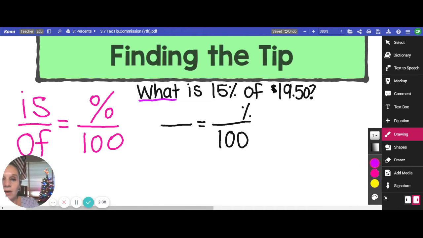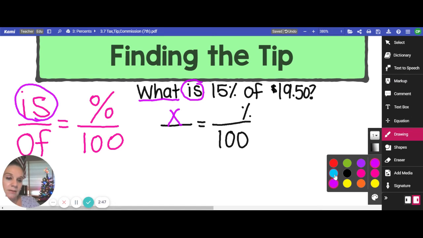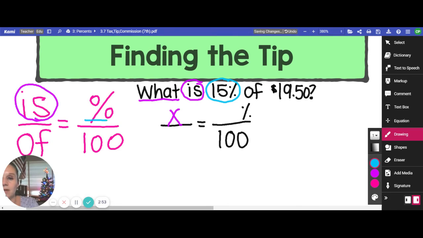If I'm saying what is located right here, I'm going to place my what right here and I'm going to call it X. Next, I've got 15%. And I've got my percent right here, so I'm going to put my 15 right here. And then we've got our of, 1950. So 1950 is our of. So I'm putting 1950 right here.